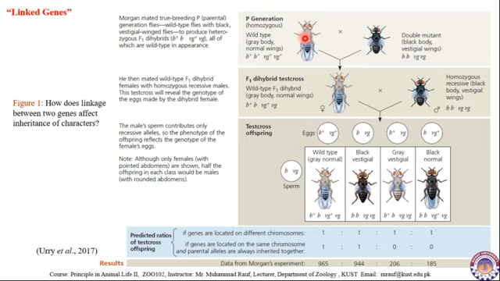This is a parental phenotype. 944 individuals were of black vestigial phenotype, which is also a parental phenotype, and these two were new allele combinations. You can see here one of the traits, which is body color, is dominant in that individual, but the wing size is reduced, vestigial.